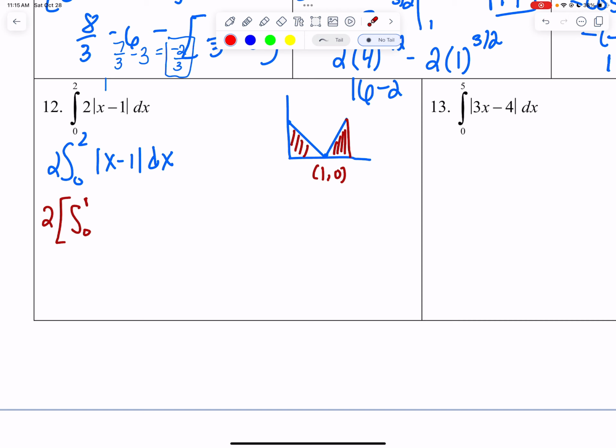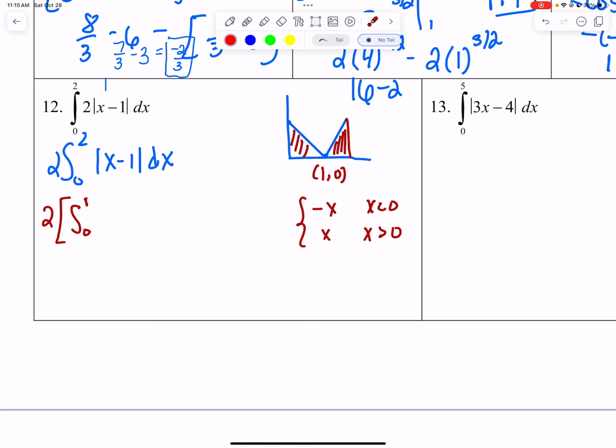So thinking about math 3, remember our definition of a piecewise function is negative x for x less than 0 and x for x greater than 0 for your parent function.